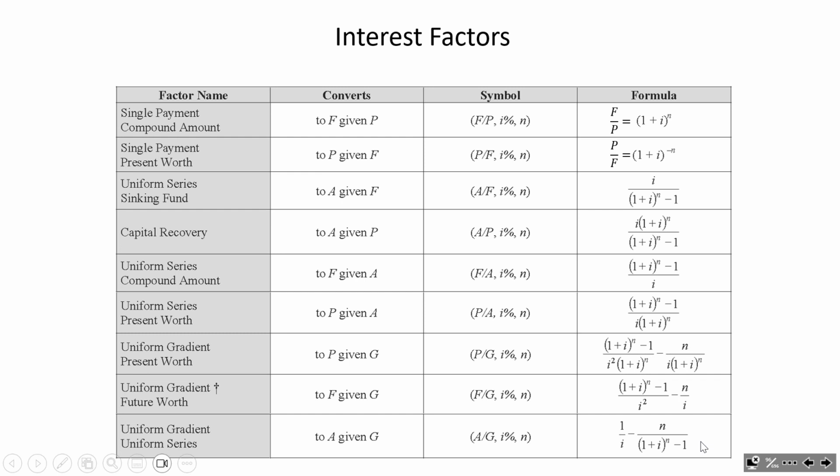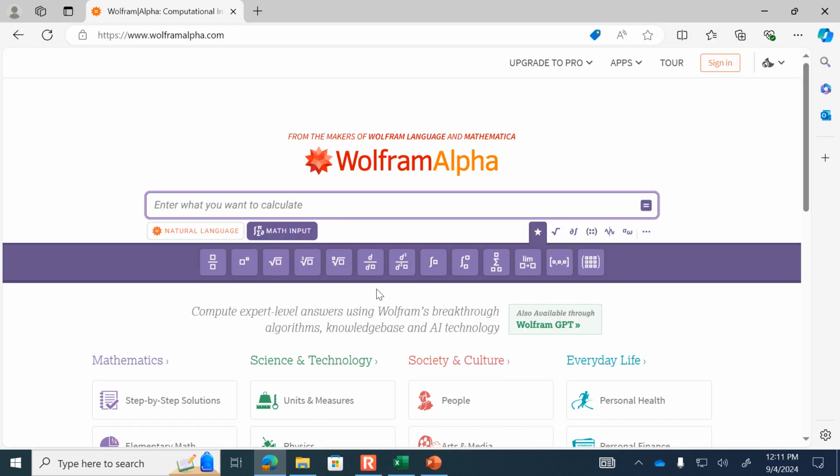What is the interest rate that makes 23,000 divided by 5,000 on the left-hand side equal to that ratio on the right-hand side? Okay, so Wolfram Alpha, we can just try and type in that equation.